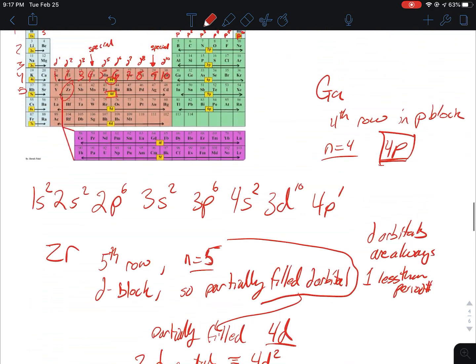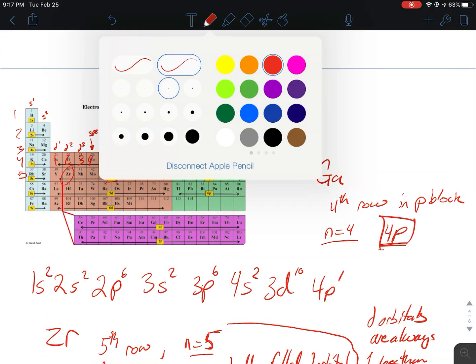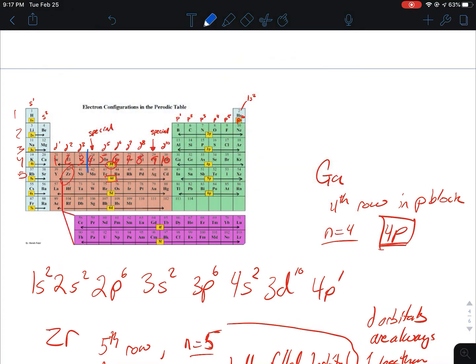Anything that has any of the 4D elements, so let's go back to our little picture here. Any of these ones right here, I'm going to use a different color now that we've covered this. Any of these elements will be capable of this promotion. So these will be D5 as well.